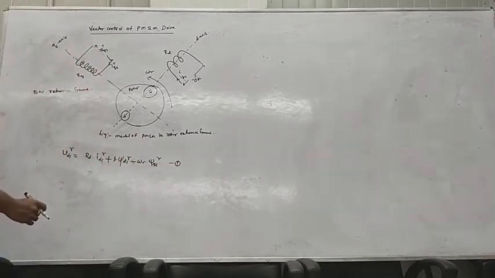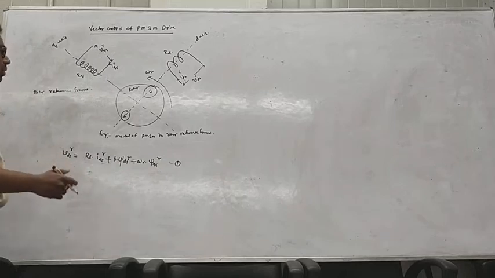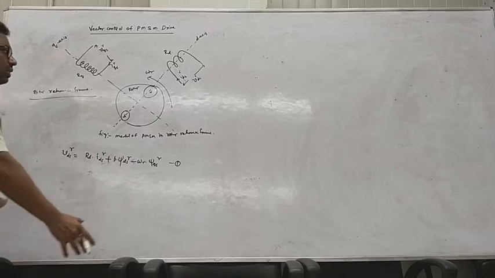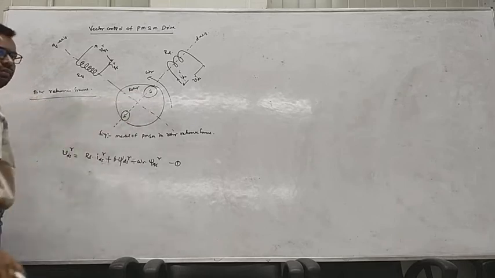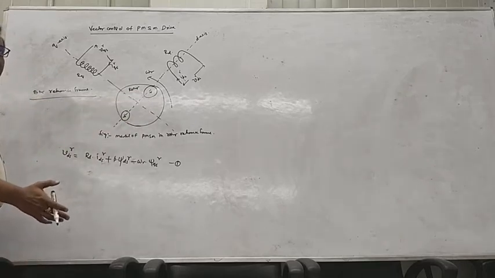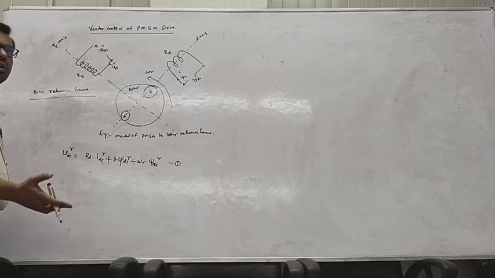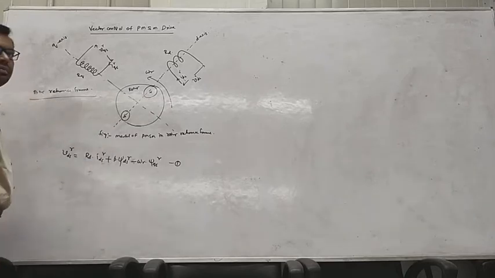As I informed you, when writing the expressions for the rotor reference frame, the vector control of the permanent magnet synchronous motor drive is done in the rotating reference frame. This rotor is of permanent magnet construction, so we will not write any voltage equations or current equations related to the rotor side.